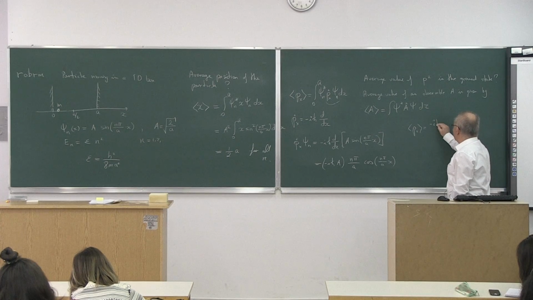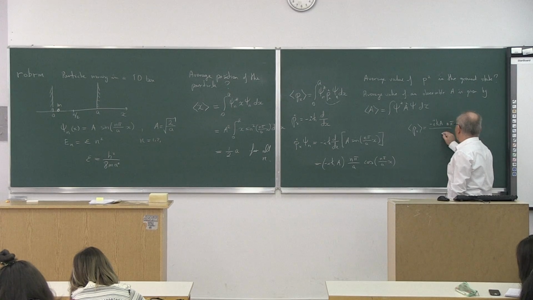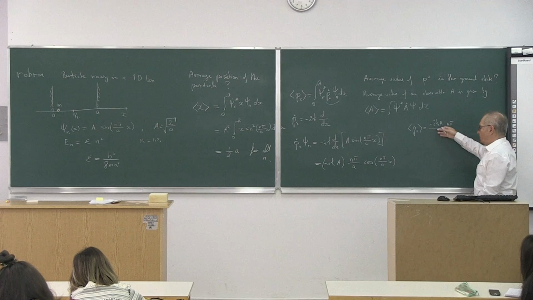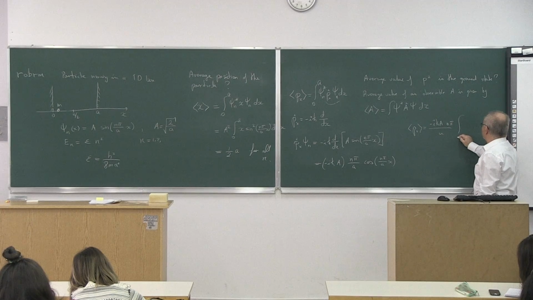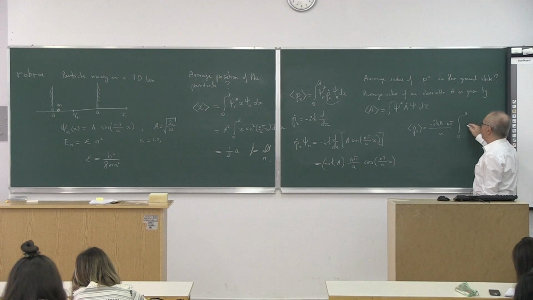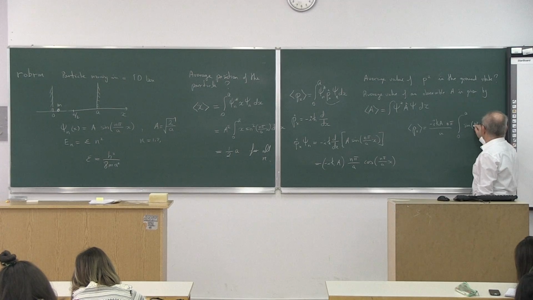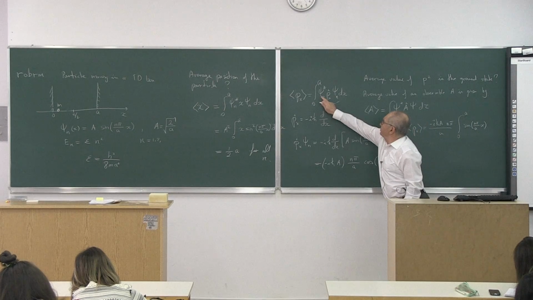minus i times h bar times a times n times pi over a times the integral 0 to a, which is sine n pi over a times x, which is this part.